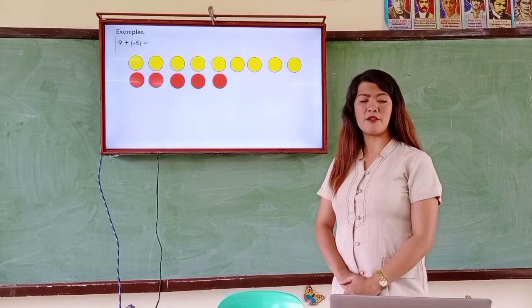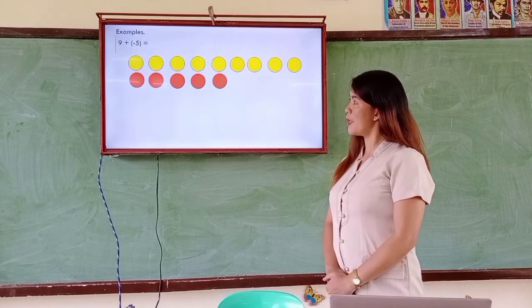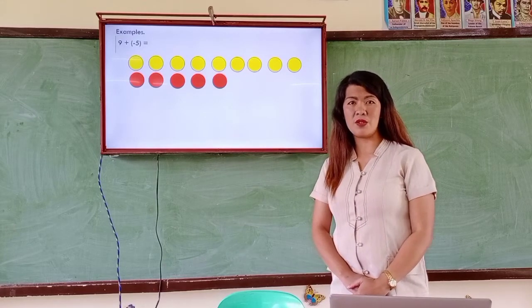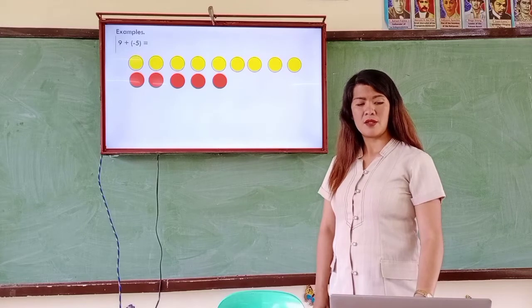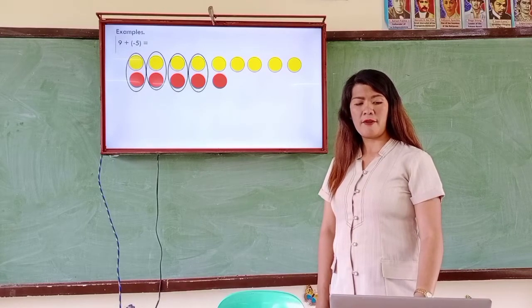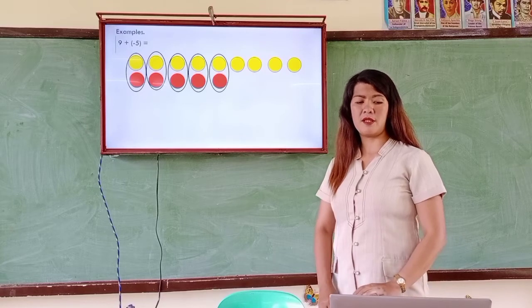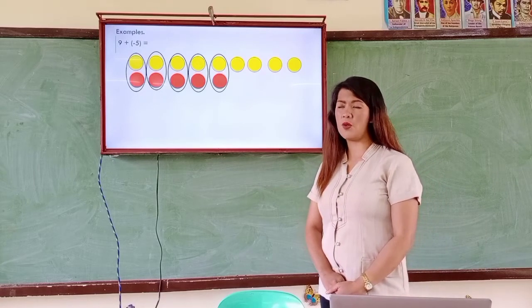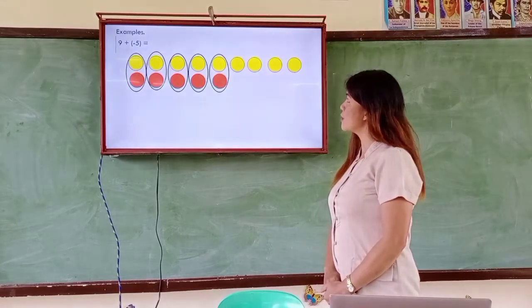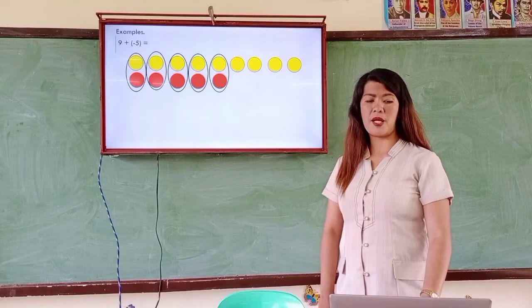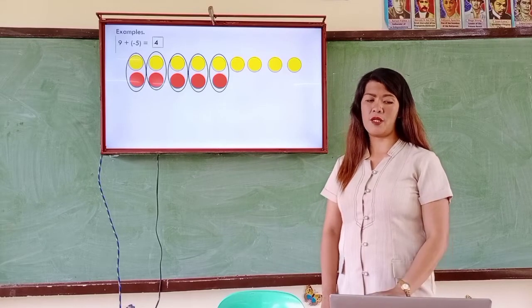As you can observe, we have yellow and red. One yellow and one red is equal to 0, a zero pair. We have 5 zero pairs. So what is left is 4 yellow chips. Yellow is represented by positive, so the answer is positive 4.